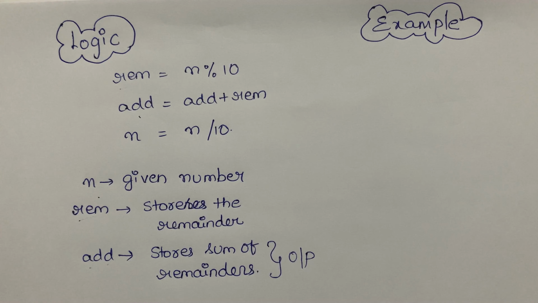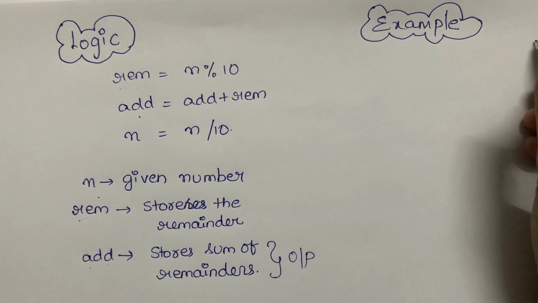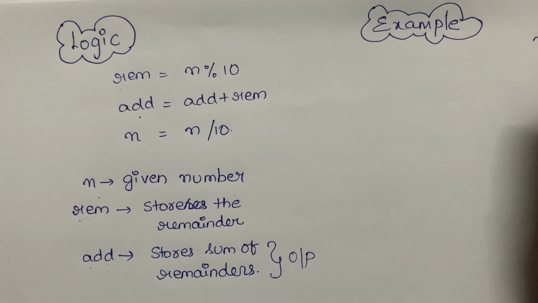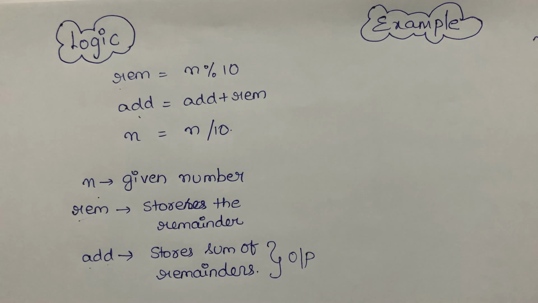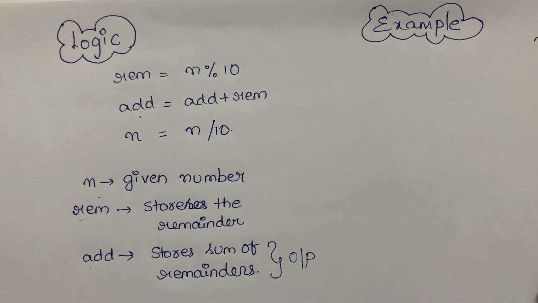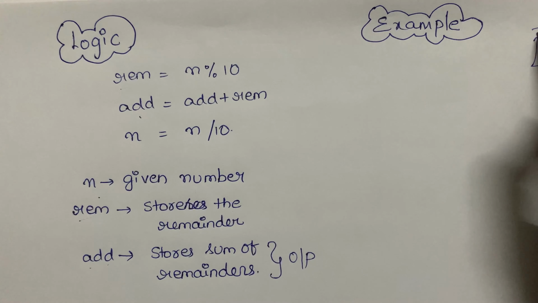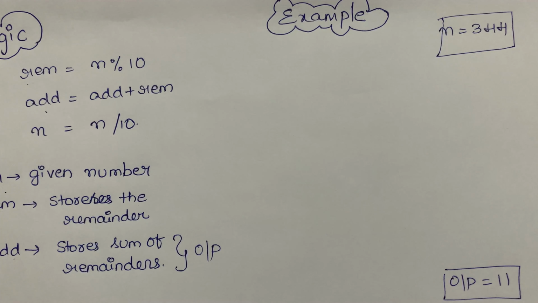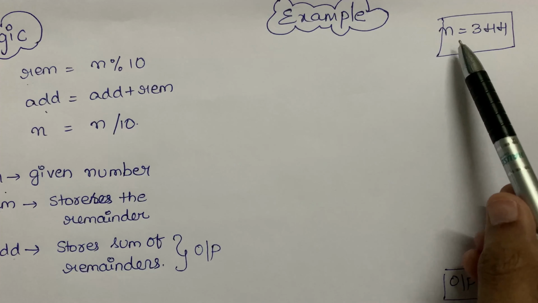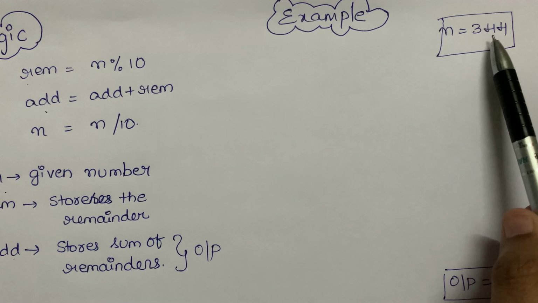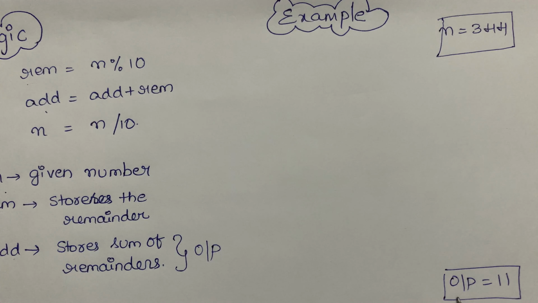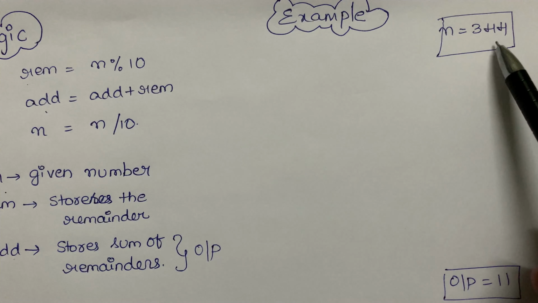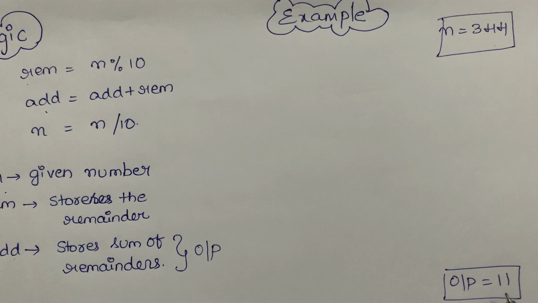First consider n value as 344 and the output should be 11. This is the input. 4 plus 4 plus 3 will be 11.